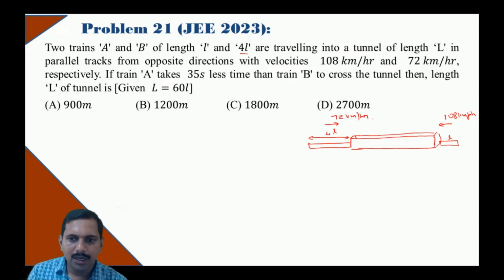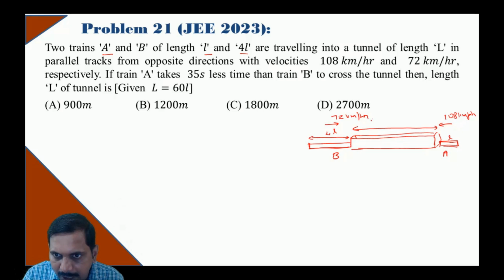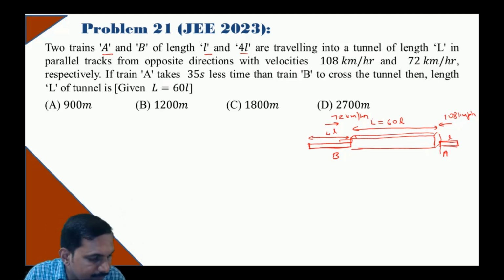So now the distance this particular train has to move, say the first one is A with the length small l, and this is A and this is B. To pass the tunnel, this train has to move l, then it has to move capital L which is equal to 60 small l, then it has to come out completely, right?